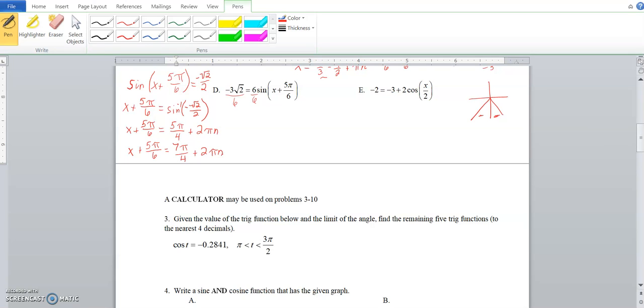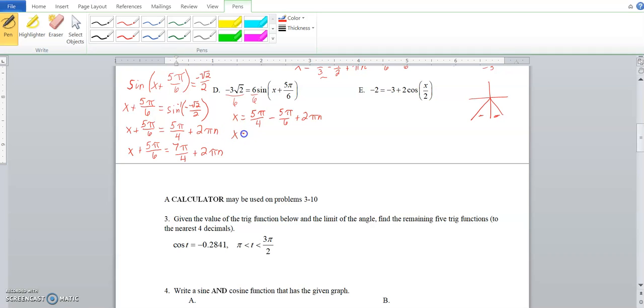We're about done. We've got x almost by itself, but we have to subtract 5 pi over 6 from both sides. So x equals 5 pi over 4 minus 5 pi over 6 plus 2 pi n.